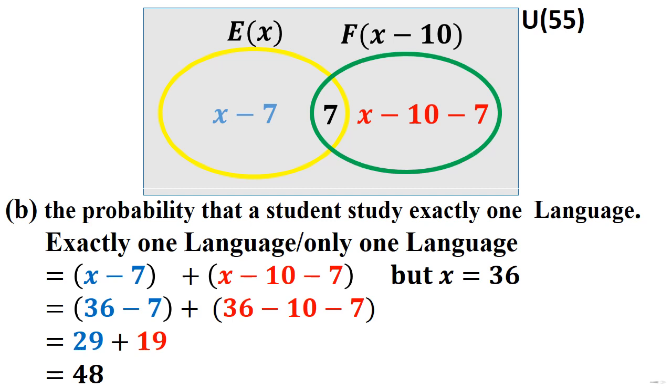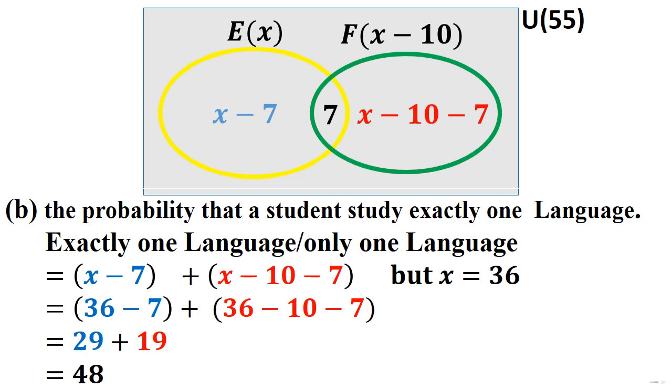So it means that we are going to add those who study only English and those who study only French. And this means we are going to add everything we can see within the two circles, but we are going to exclude the intersection number of members, which is 7. So we are going to sum up whatever is within the two circles, but we are not going to add the intersection portion number.